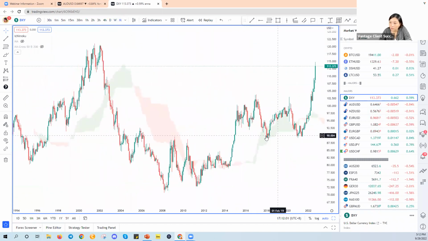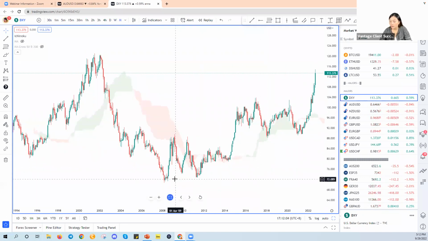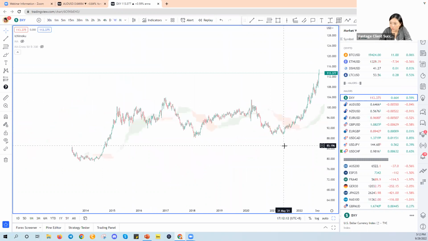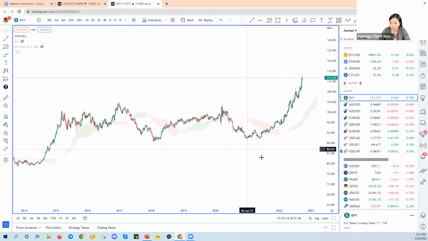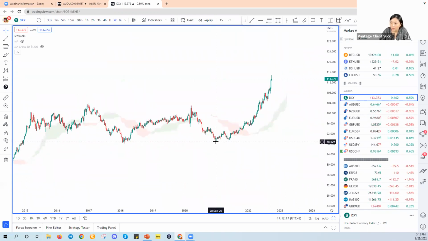So we can see that for the DXY itself, the trend has been on an upward momentum very strongly. Then we zoom into the weekly. You can see that price has been only on an upward trend since January 2021. Price has not even come down slightly.